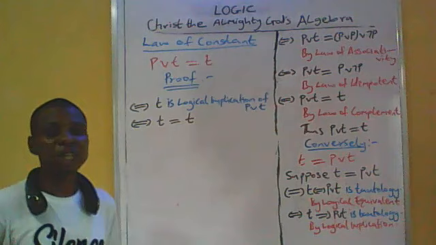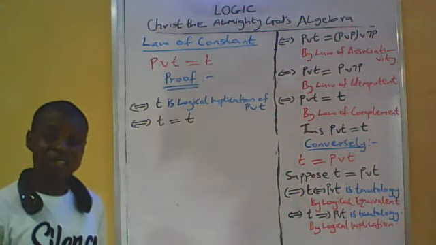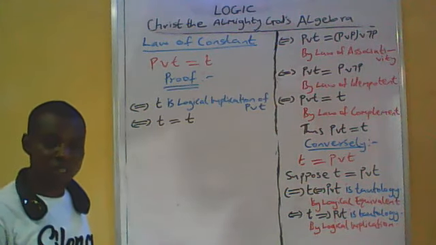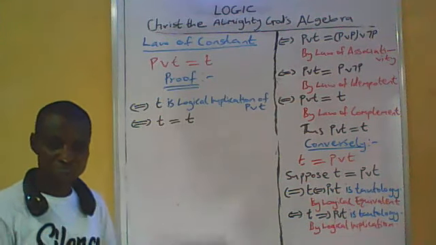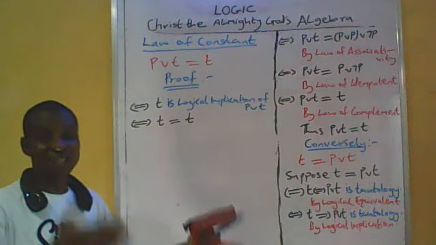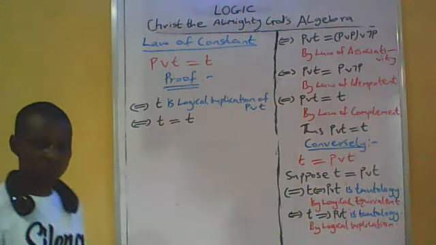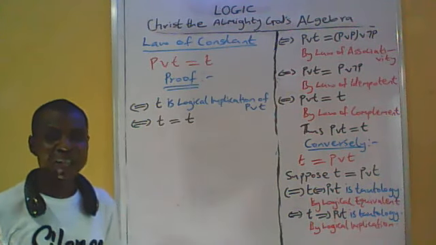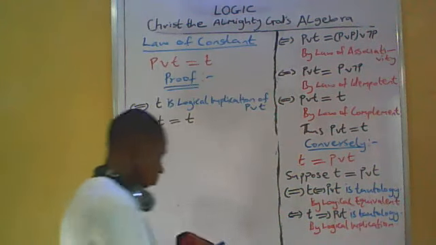In the sense that whenever T at the left hand side is T, T at the right hand side is also T. So you say that it's logical equivalent, being justified by identity, the sameness.